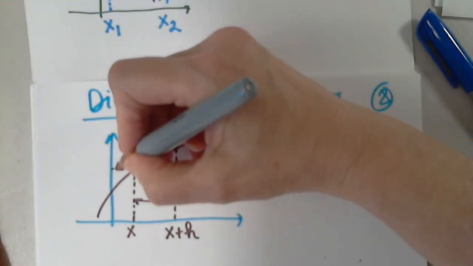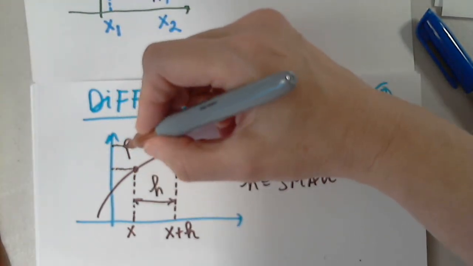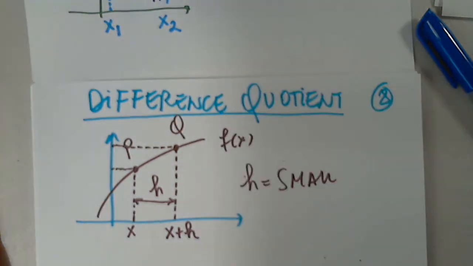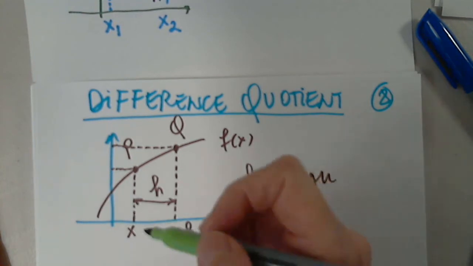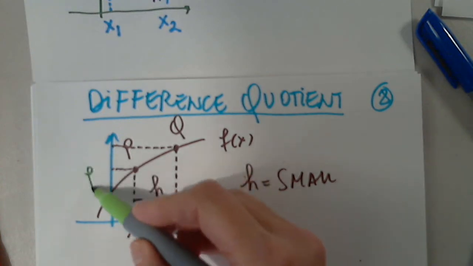Again, I'm going to ask you to give me the y coordinates of P and Q. What will you say about the y coordinate of P? Anyone? F of x1. But this time we have f of x.